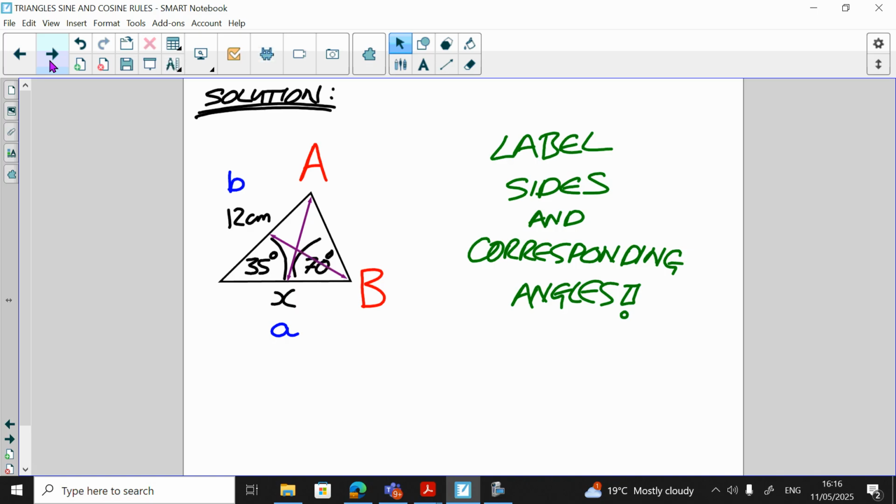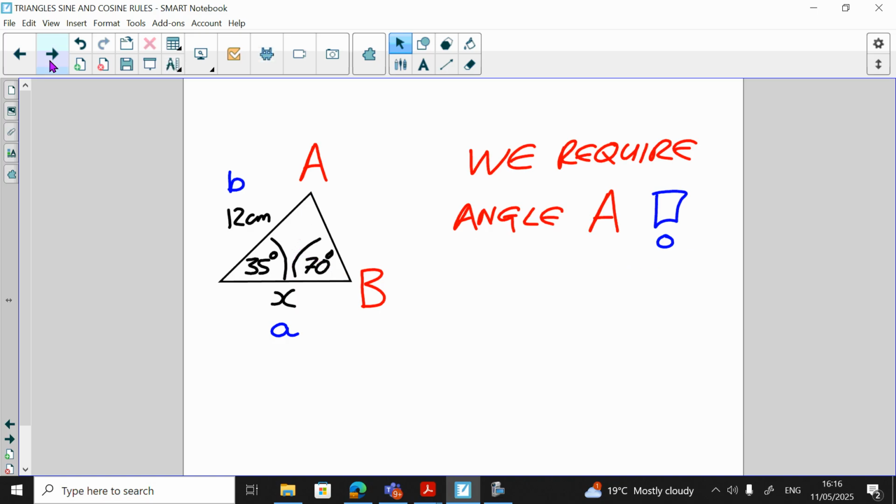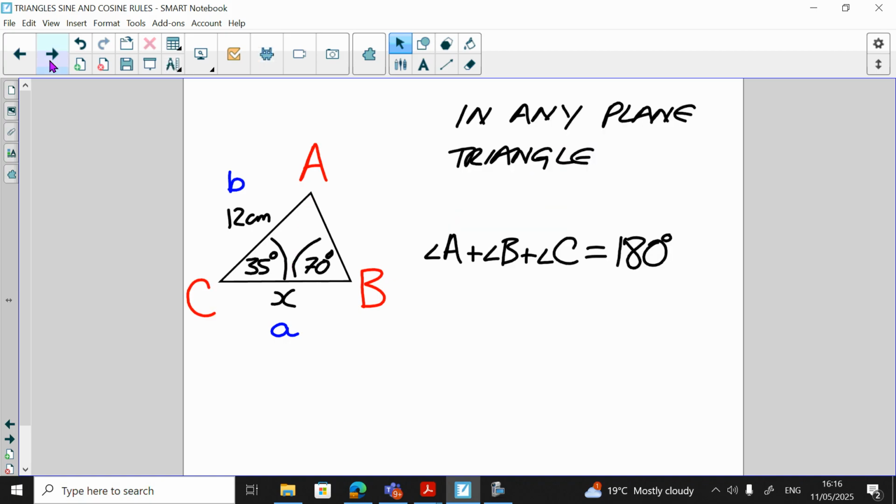So it looks like there's a problem with A, the angle that I need. So you should know that all three angles of a two-dimensional triangle in a flat plane, not an aeroplane, something that's flat, like a desktop, a bit of paper, they all add up to give you 180 degrees.